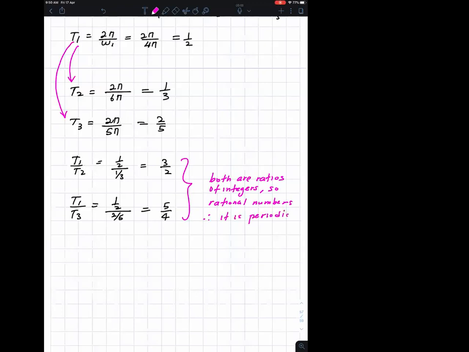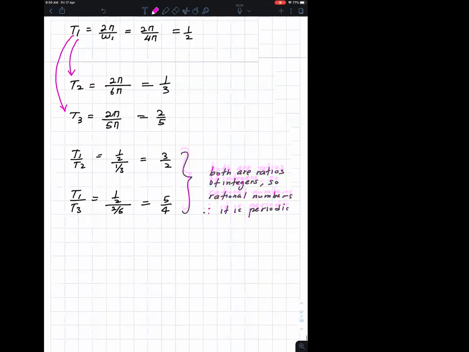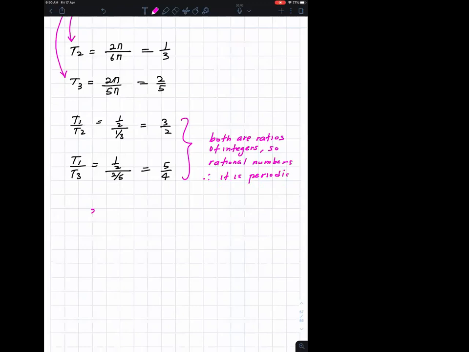Now, how do you find the period? To find the period, you take these two ratios, 3/2 and 5/4, and compare them. Then you look for the LCM of the denominators. I'm not adding, I'm just comparing these two.